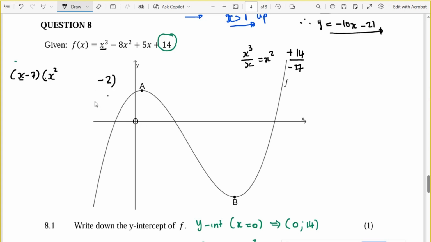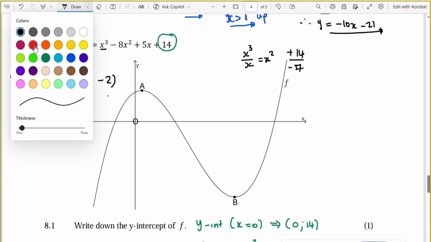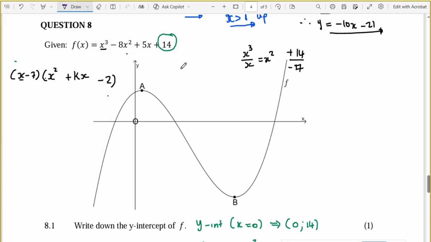You're still with me? Yes. The middle part, I'm going to say this is kx. Now, the aim is to find the value of k. We're going to do this by inspection. So we're going to create the coefficient of x.